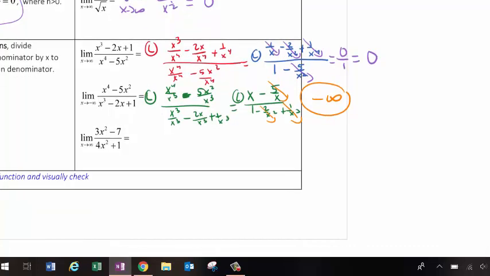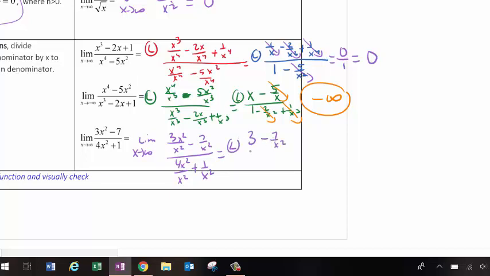So last one using this idea in this chart, we're dividing by x squared because that's in the denominator, highest exponent. It's not necessarily the first one, it's the highest exponent in the denominator. We're going to simplify, gives me (3 minus 7x squared) over (4 plus 1 over x squared).